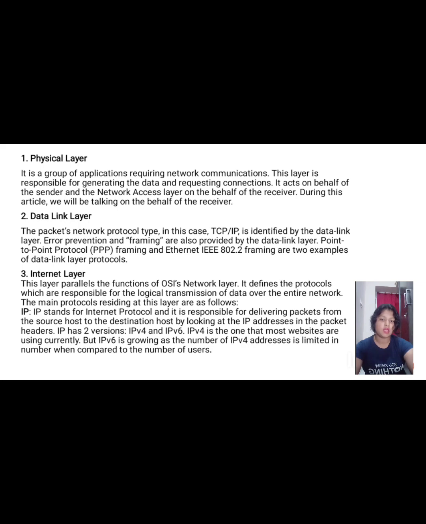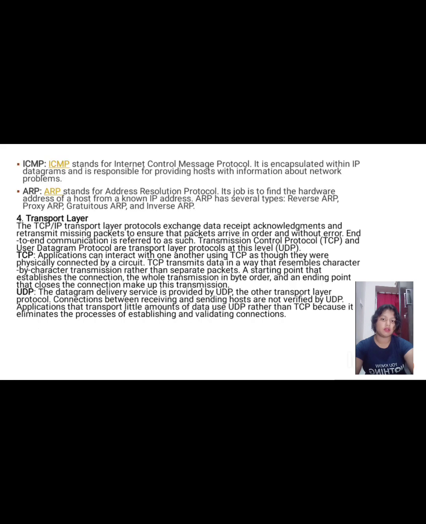It is the IP. IP stands for Internet Protocol and it is responsible for delivering our packets from the source host to the destination host by looking at the IP address in the packet headers. In this we have ICMP, which stands for Internet Control Message Protocol, and ARP, which stands for Address Resolution Protocol.